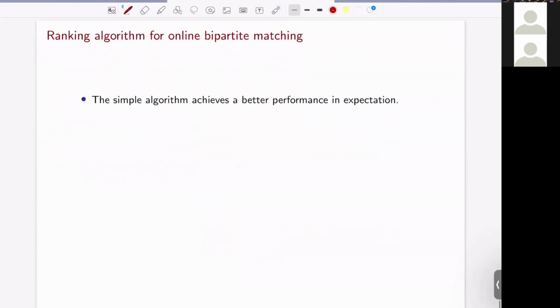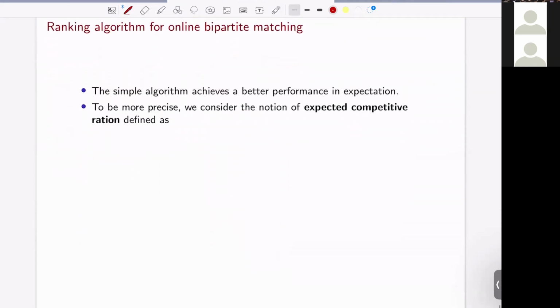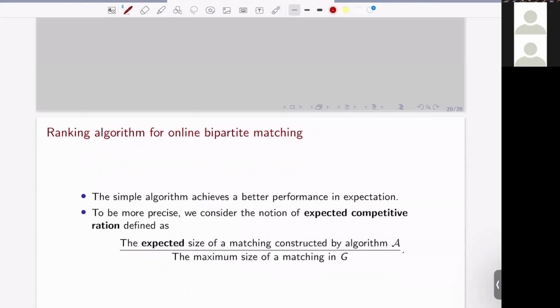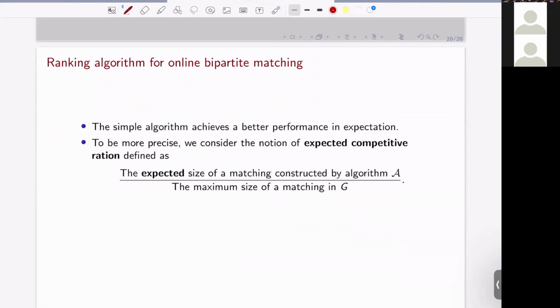In fact, its performance can be measured in expectation, because the size of the matching will be a random quantity, since your algorithm itself is using randomness. So to measure it, we introduce this notion of expected competitive ratio. In the numerator, we keep the expected size of the matching.